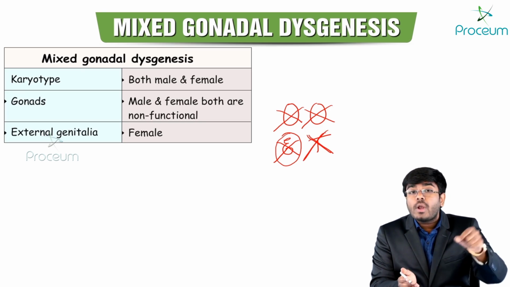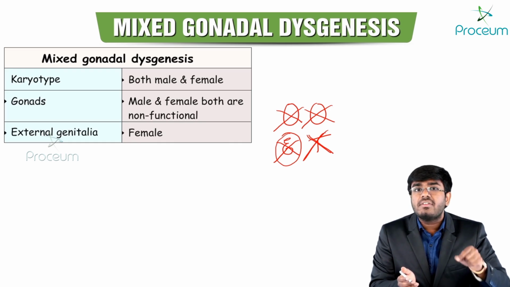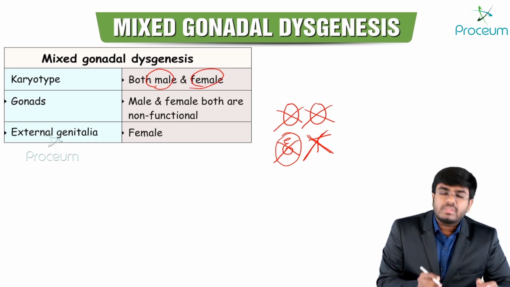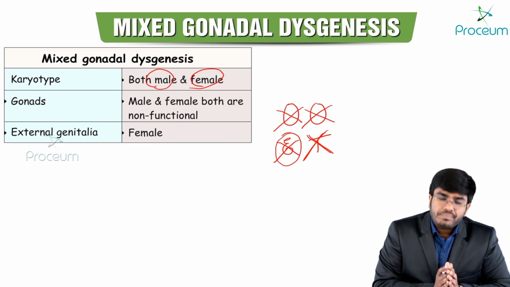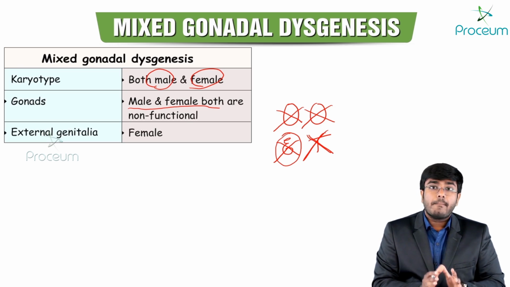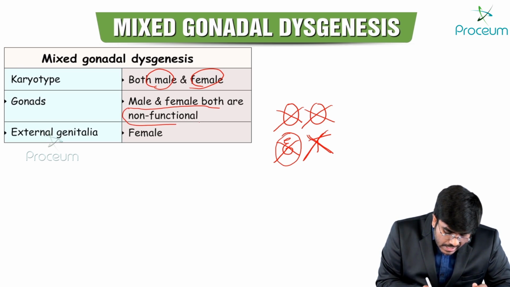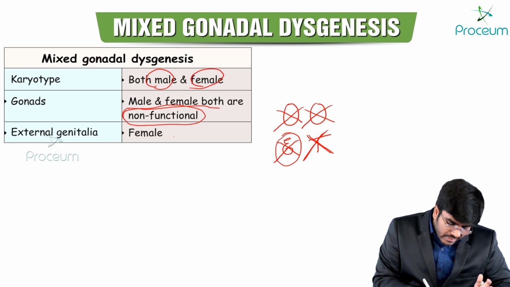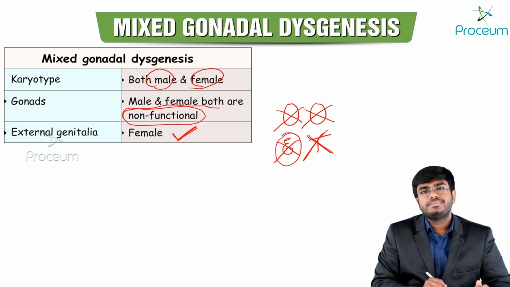So mixed gonadal dysgenesis is a condition where the karyotype of both the sexes, both male and female karyotype, is there, and both male and female gonads are there. But they are non-functional gonads. So what happens? The external genitalia will become female-like.